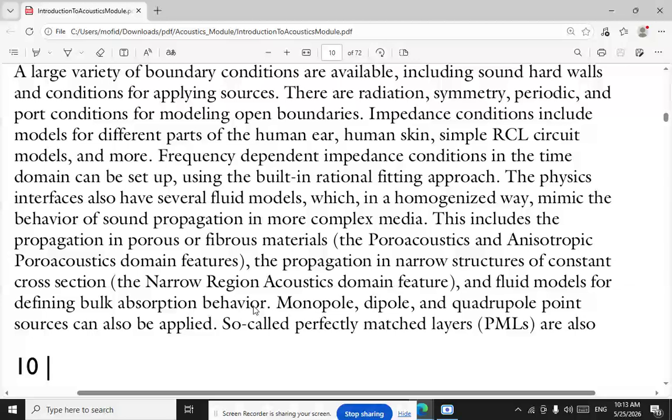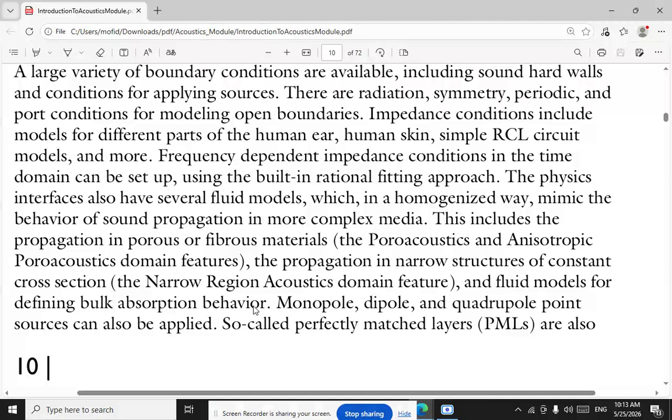Impedance conditions include models for different parts of the human ear, human skin, simple RCL circuit models, and more. Frequency-dependent impedance conditions in the time domain can be set up using the built-in rational fitting approach. The physics interface also has several fluid models which in a homogenized way mimic the behavior of sound propagation in more complex media.